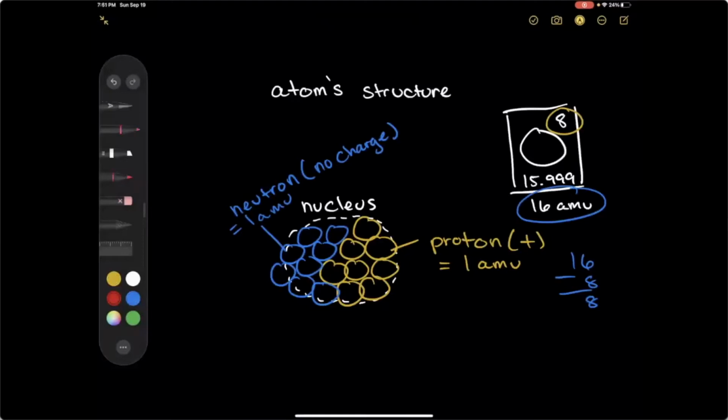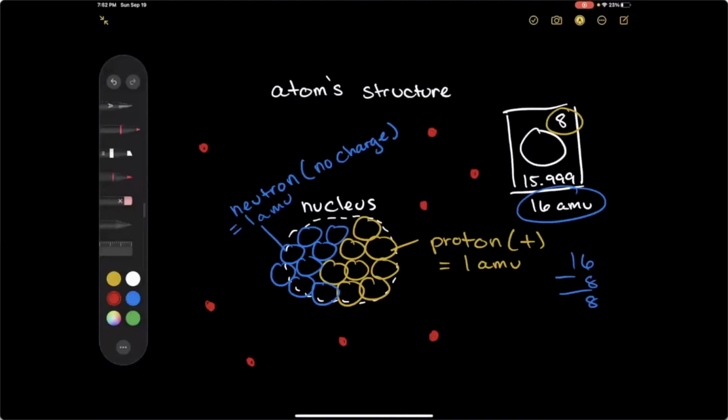Now, outside of the nucleus, you're going to find electrons. Electrons are so small, and let me draw 8 of those: 1, 2, 3, 4, 5, 6, 7, 8. I drew them just scattered about randomly away from the nucleus for a reason.